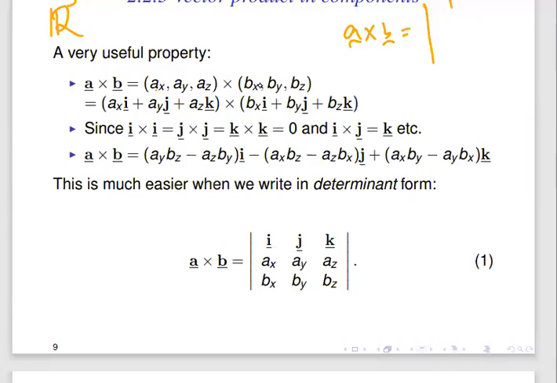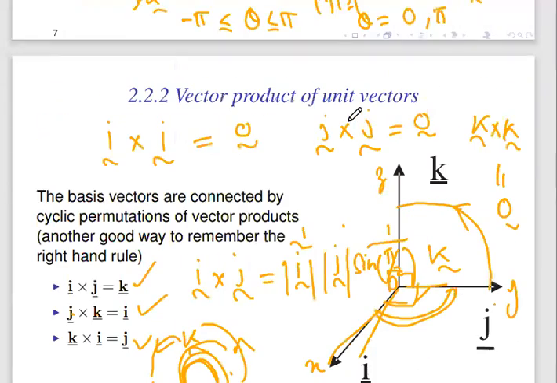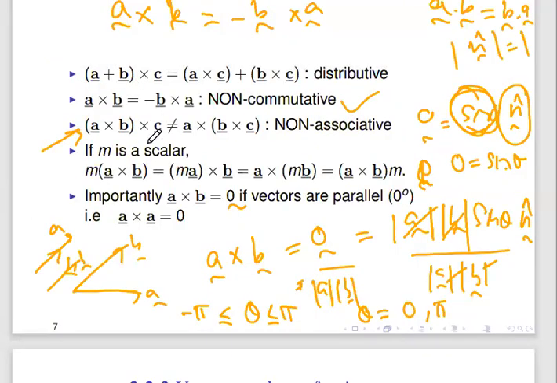Let's write this in terms of I, J, K. So AX is the X component, times the I unit vector, plus AY times J, and so on, cross with this. So with this, we know that the cross product satisfies the distributive law, right?